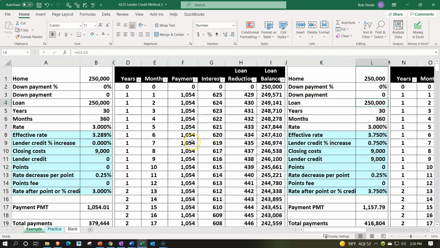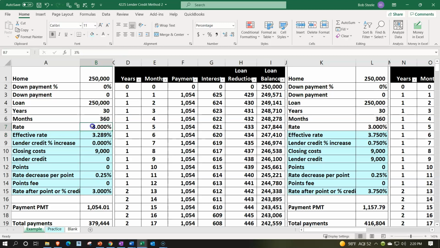Or we can say, okay, both ways we're going to have these closing costs that are affected, and we could then calculate the effective rate here, in essence rolling the closing costs into the actual effective rate.